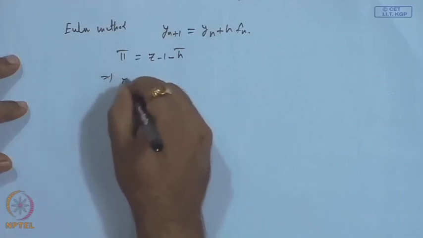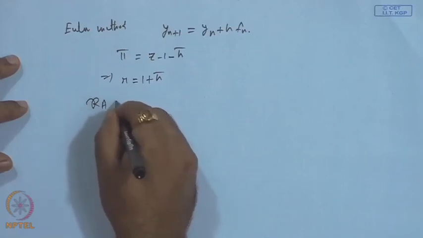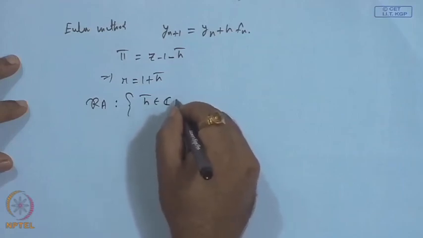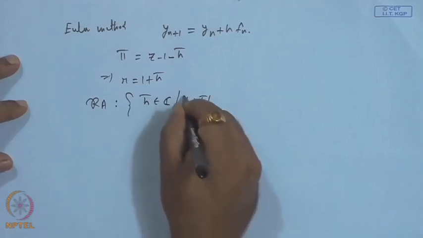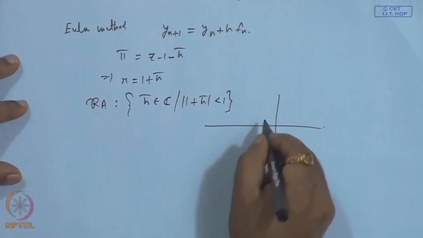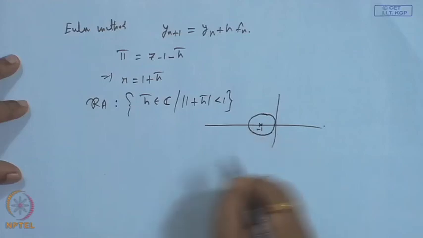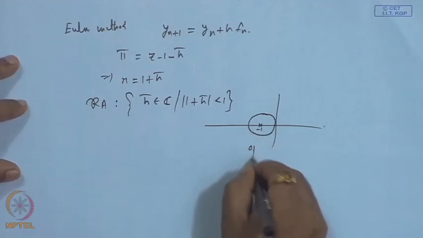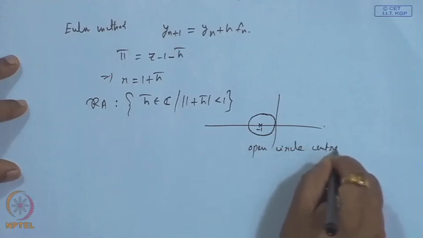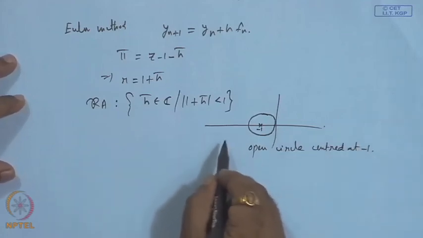So, this implies r is 1 plus h bar and the region R A will be h bar belongs to the complex plane such that, so what is this? So, this is an open circle centered at -1. So, this is the stability region.